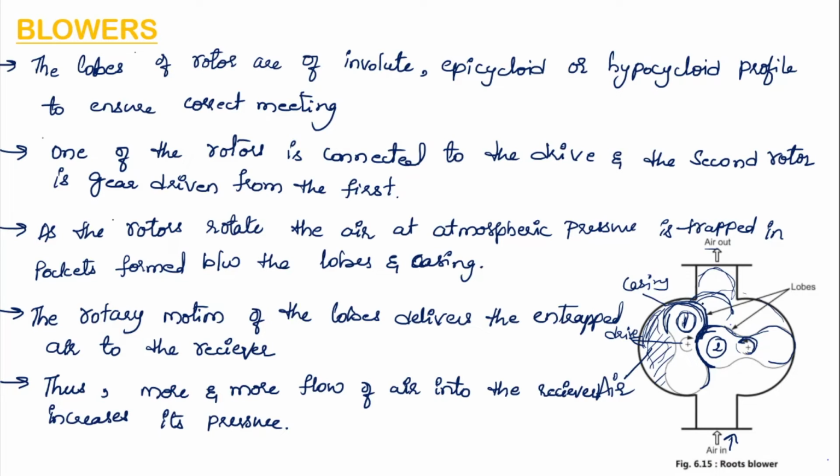For example, if it is at this portion which is shown here, the air which is going to the receiver will flow back into the casing, in the gap between the casing and the lobe, that is the pocket.